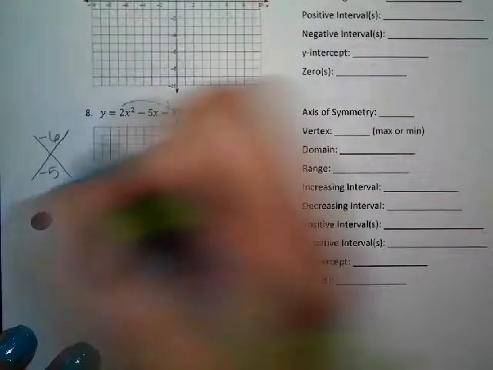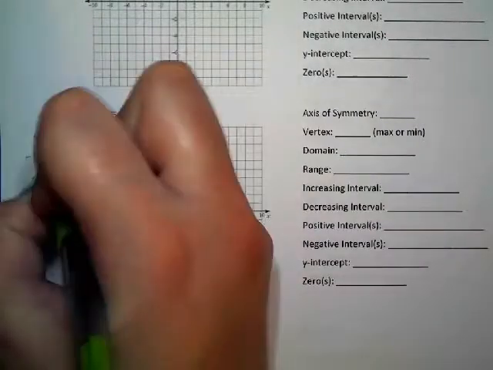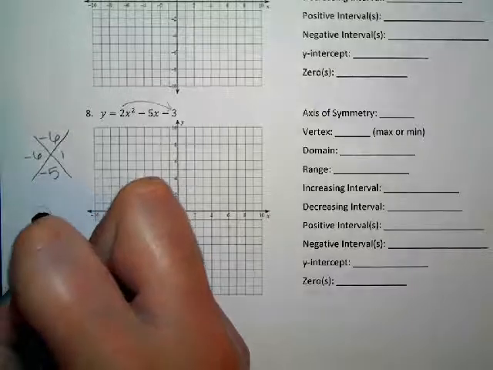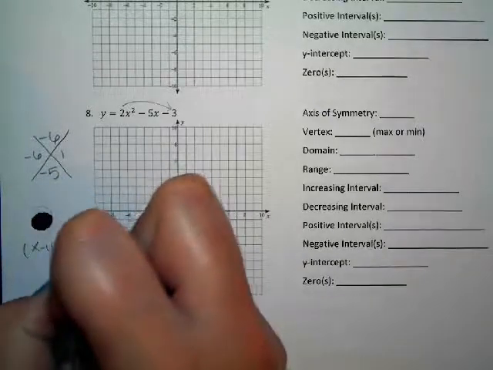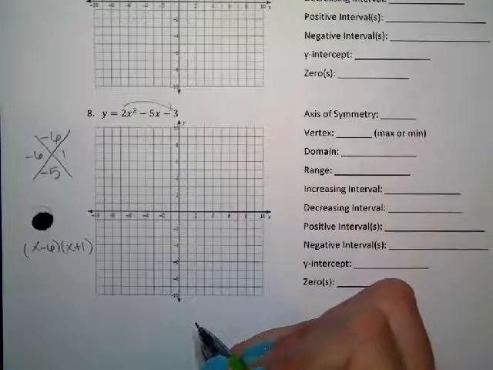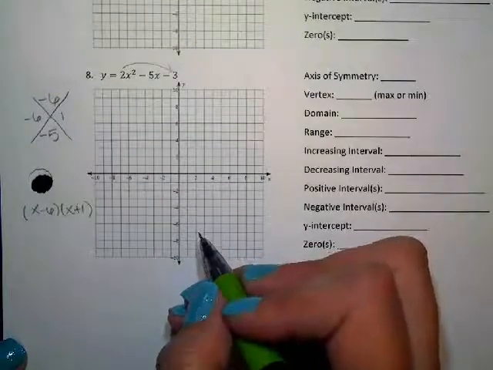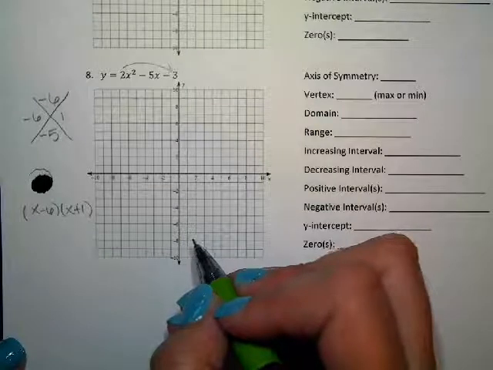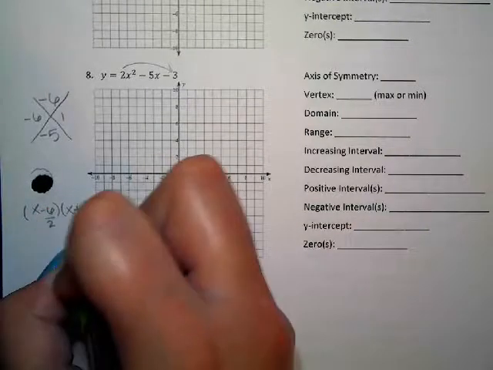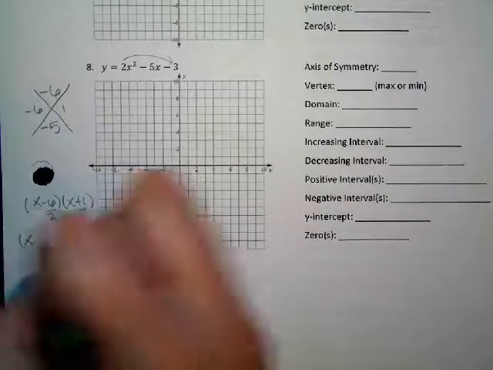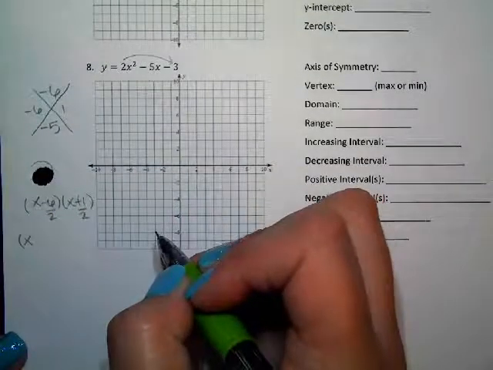We actually have to divide by 2. So we've got x. So what are the X-intercepts?